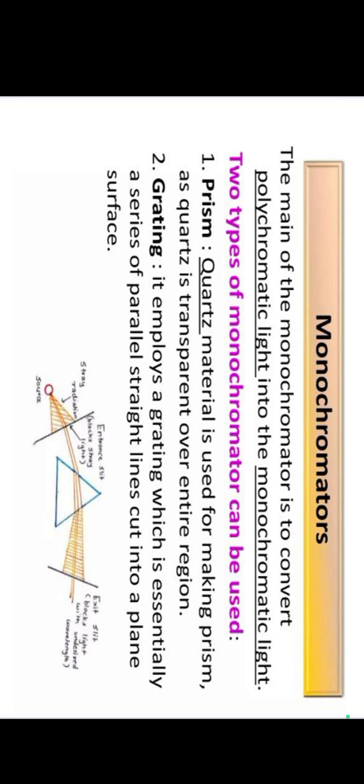The grating monochromator is made of glass coated with aluminum, but the prism is made of quartz. These are the two types of monochromator we use in flame photometry. The main use of the monochromator is to convert polychromatic light into monochromatic light.